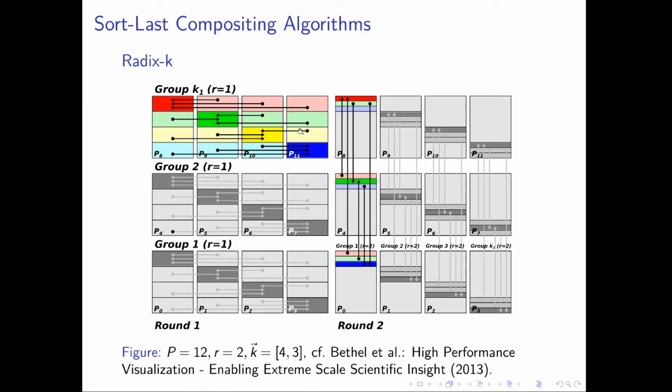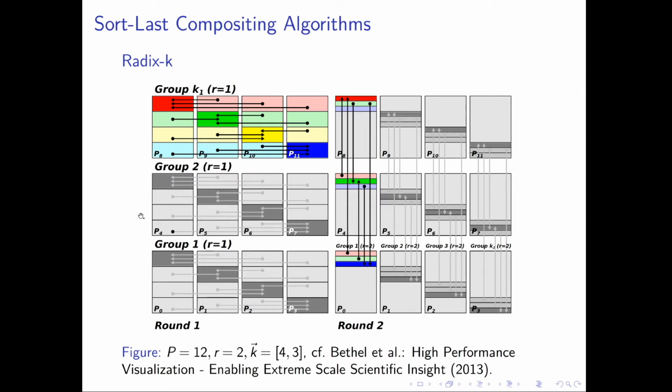Communication group number K1 here, this upper communication group, would compute for its share of the image, for the part of the image that the processors are responsible for. They would compute a third of that. The image would be composited, but actually only a third of it.